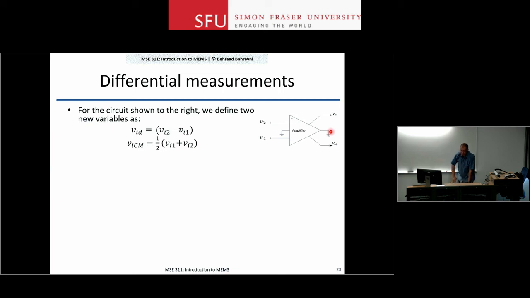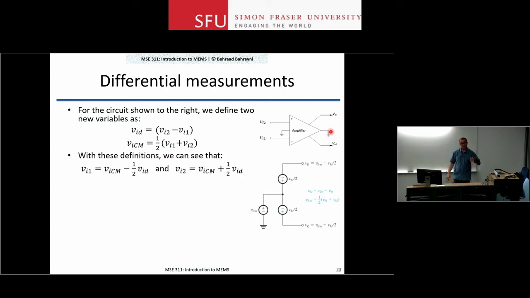I define two new signals. One, VID, is the difference between the two, right? VI2 minus VI1. And the second signal is VICM, which is the average of the two, the common mode between the two, right? So 1/2 of VI1 plus VI2.